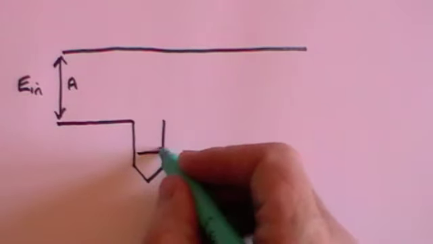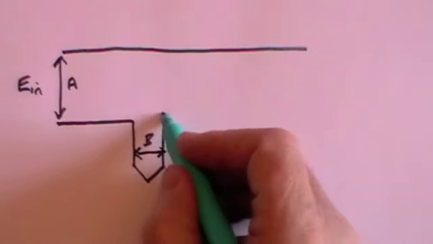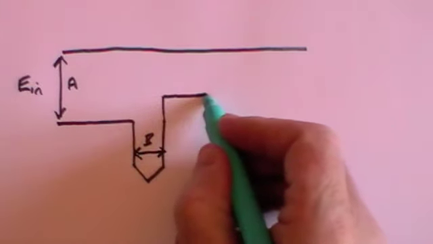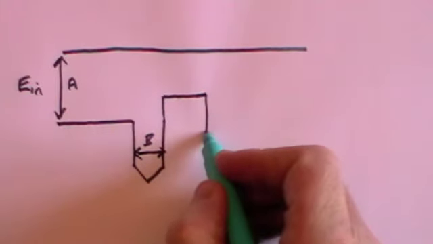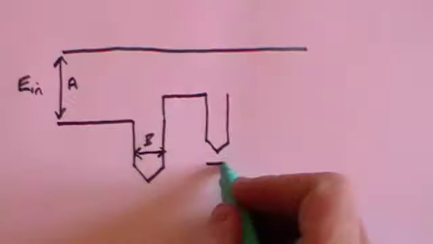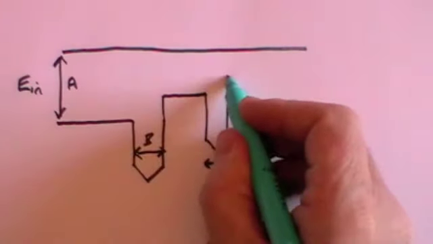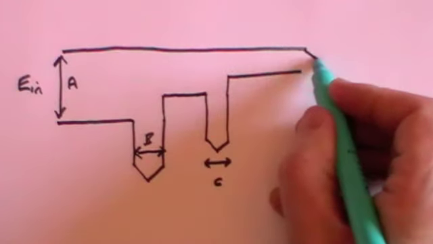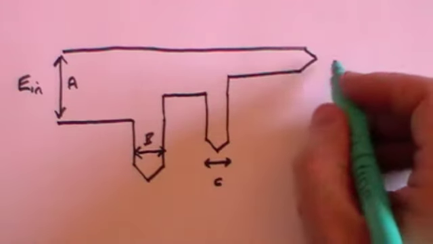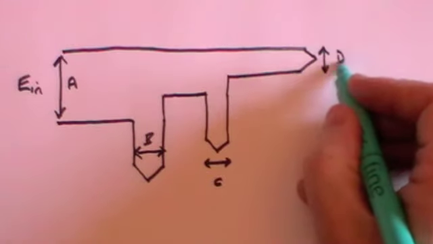That will have a width, we'll call that B. And you might even have some more energy that's lost. And we'll call that width C. And then what you're left with is the actual useful energy out, which we'll call width D.